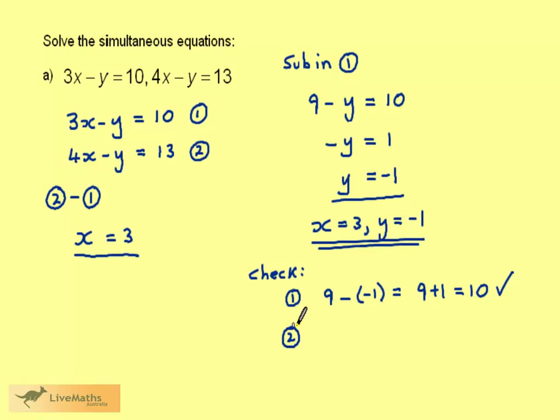Looking at number 2, 4 3's are 12. Take away minus 1 becomes 12 plus 1, which is 13, which is also correct.